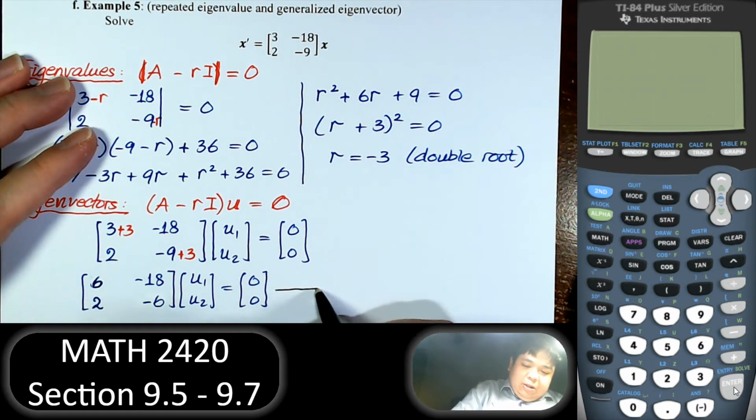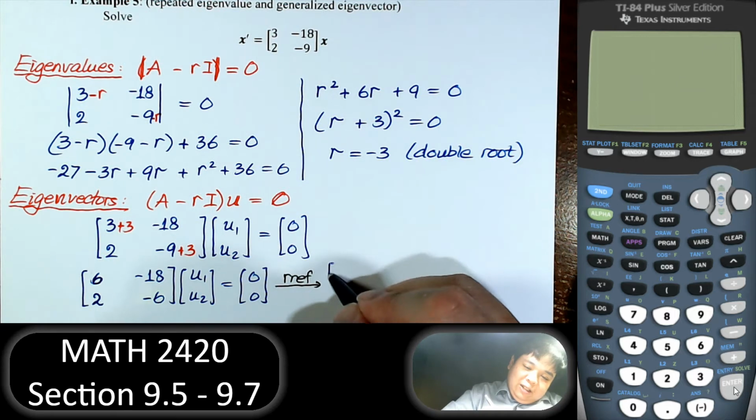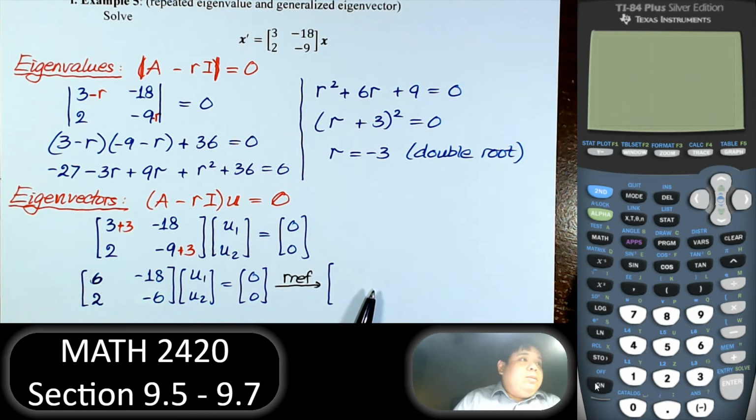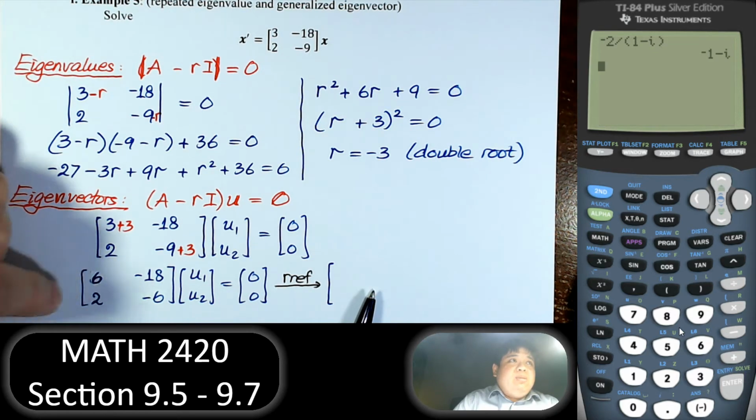Let's do reduced row echelon form. Usually I do that just to simplify the numbers. I can just look at this number and work directly from it.